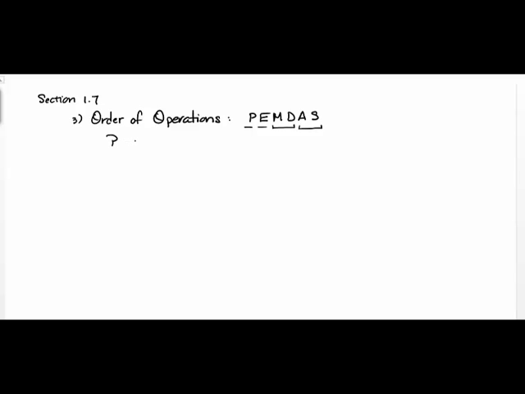So again, the P is for parentheses or any grouping symbol. We have parentheses, we could have these square brackets, we could have our curly brackets, any grouping symbol, which includes the fraction bar.